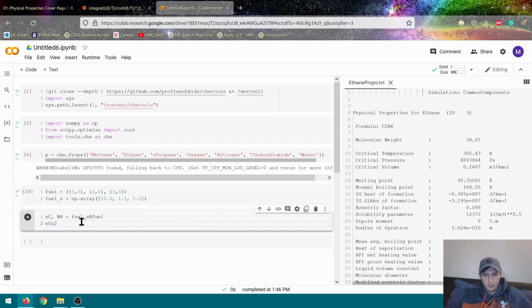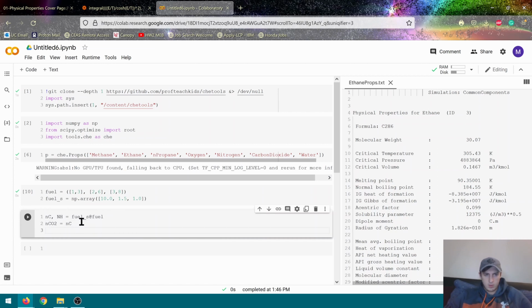Let's make that capital O. It is always going to be equal to our number of moles of carbon, NC. And we're also going to want to solve for the number of moles of water, H2O. That's going to be equal to our number of moles of hydrogen, NH. And this is just going to be NH over 2.